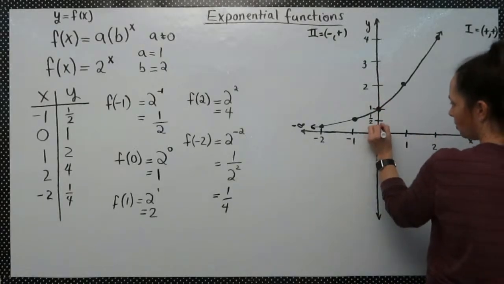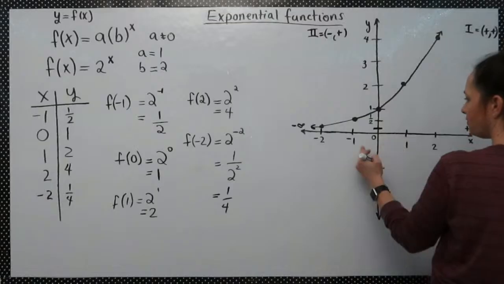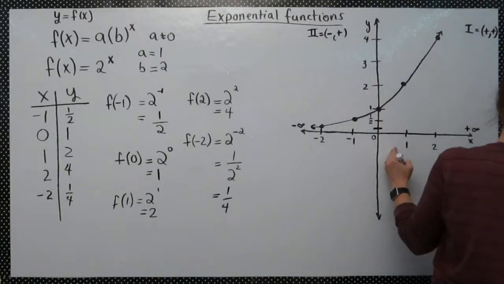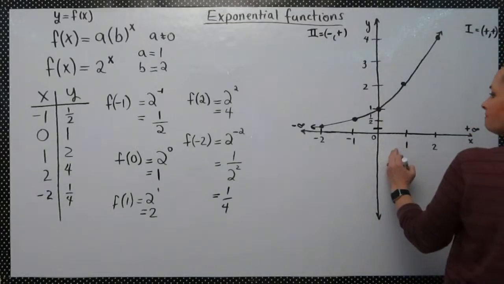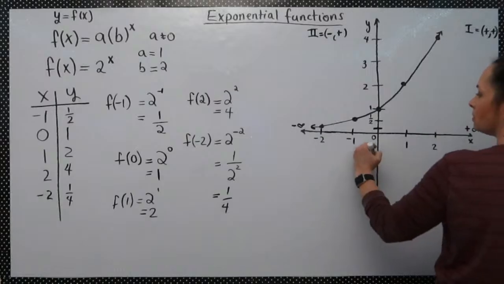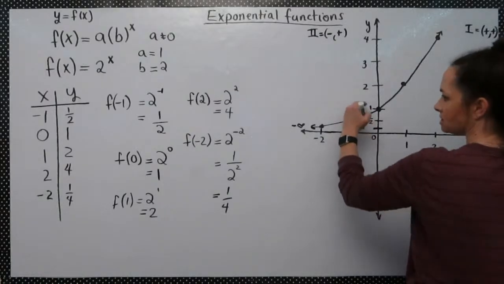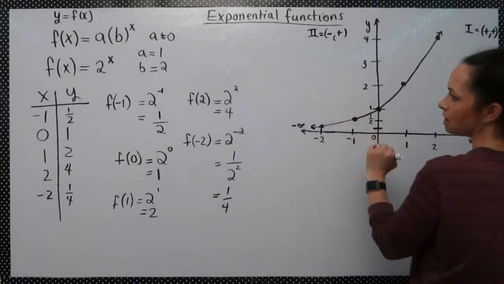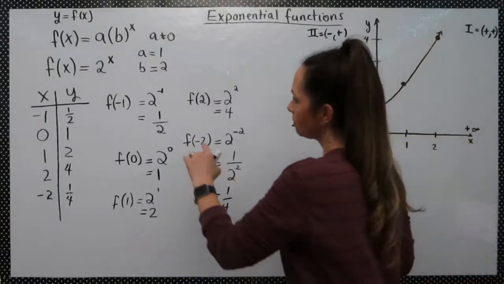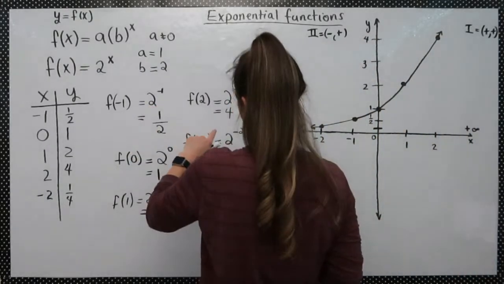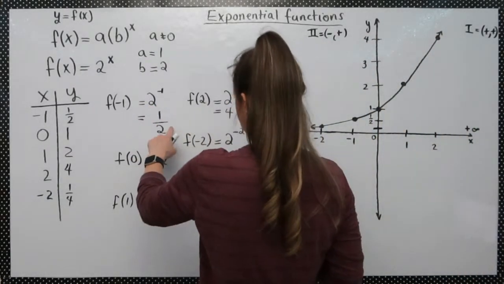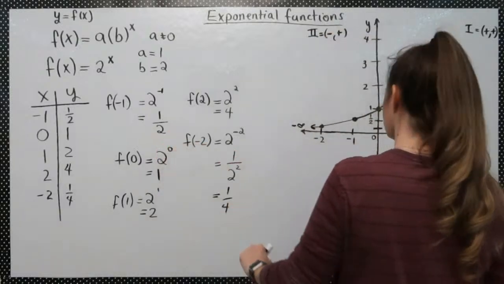So y, no matter what value you give it, positive or negative in the domain, is going to generate a positive value. And we saw that here when we were giving it some negatives, and it was leading to fractional exponents.